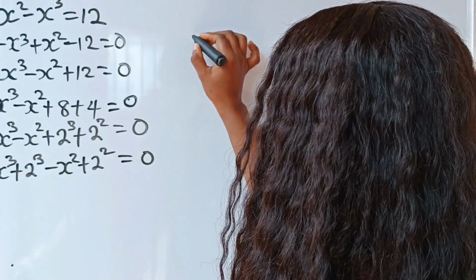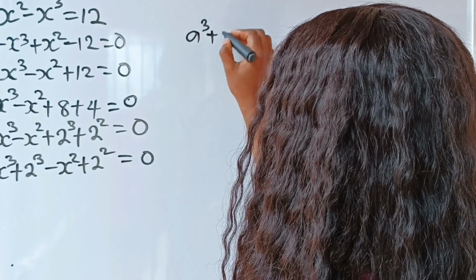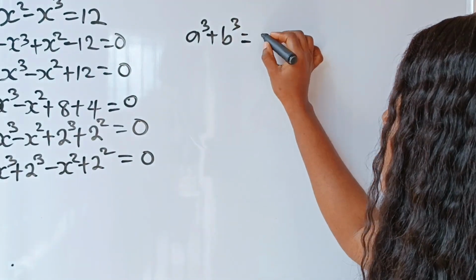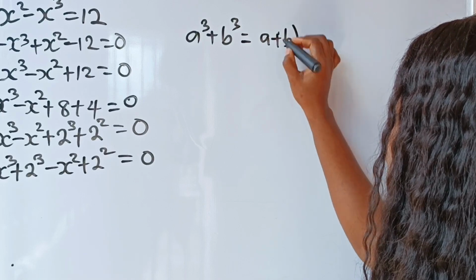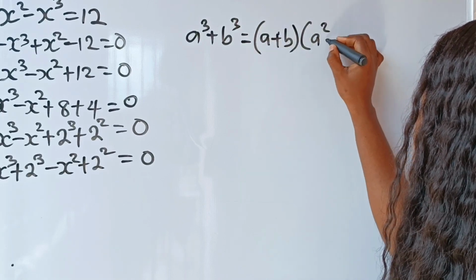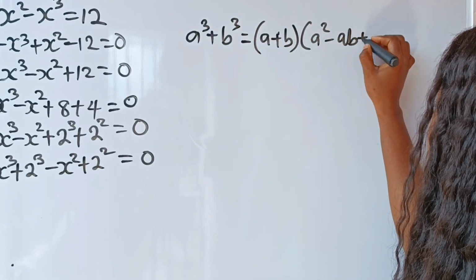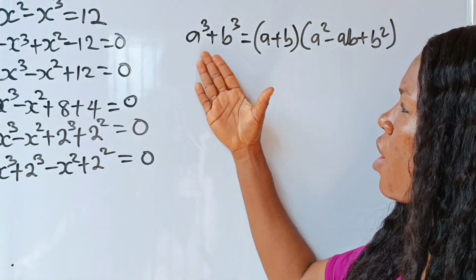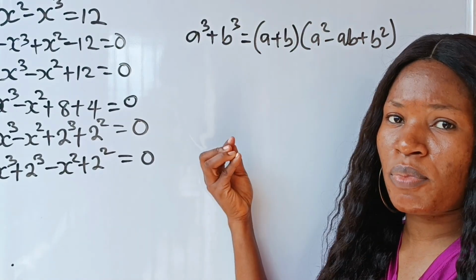Now when you have a to the power of 3 plus b to the power of 3, this is the same thing as a plus b multiplied by a squared minus ab plus b squared. This is the algebra identity for a to the power of 3 plus b to the power of 3.